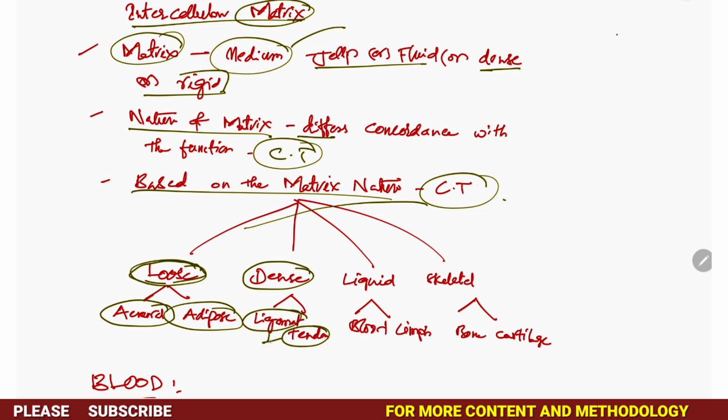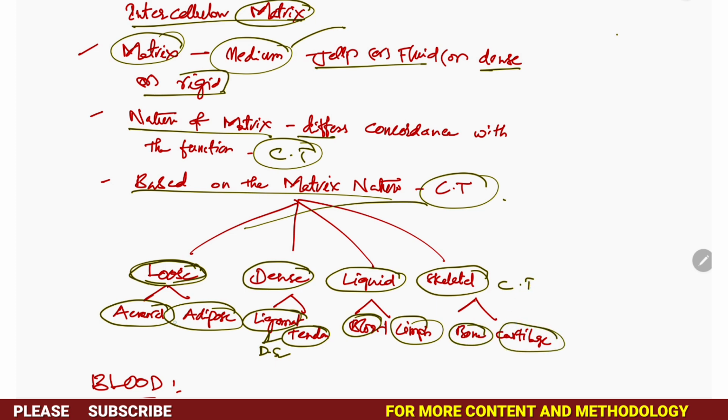These are very, very important in view of DSC. And also liquid-based matrix, which is comprised of blood and lymph, which is not given in the textbook, though blood is given. And the last one is skeletal connective tissue, which is composed of bone and cartilage. All of this we are going to discuss.